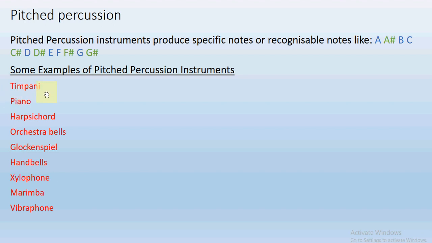We have the timpani, we have the piano, we have the harpsichord. Okay, we have the orchestra bells, we have the glockenspiel, handbells, xylophone, marimba, and vibraphone. Okay, so these are all pitched. All of these can produce pitches of notes A to G sharp.